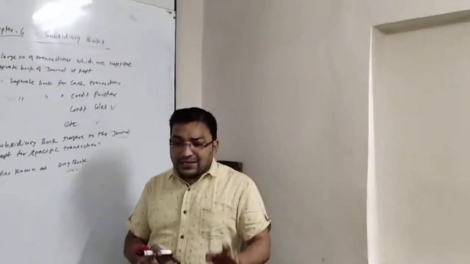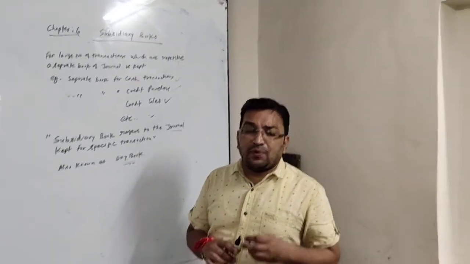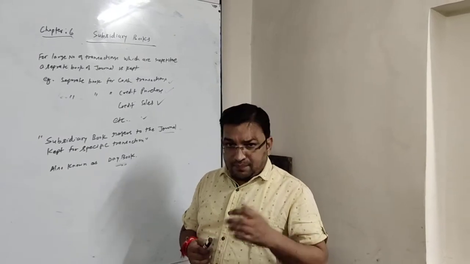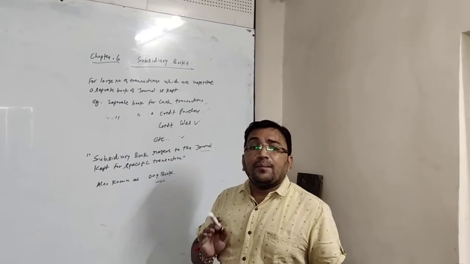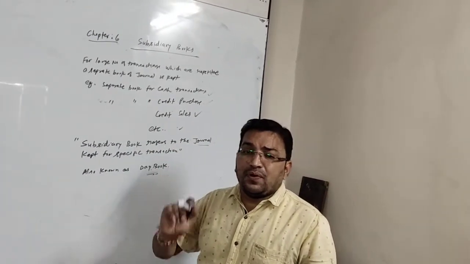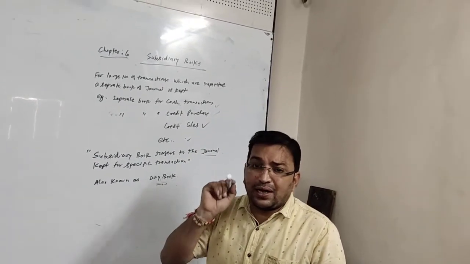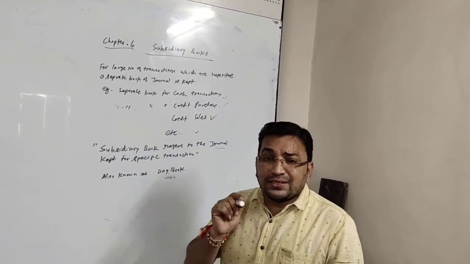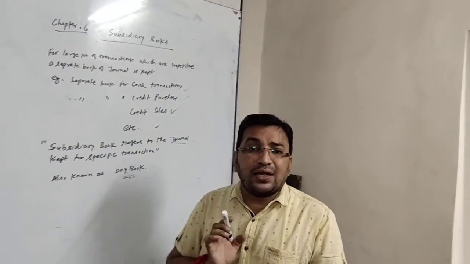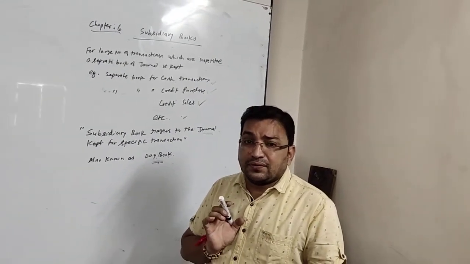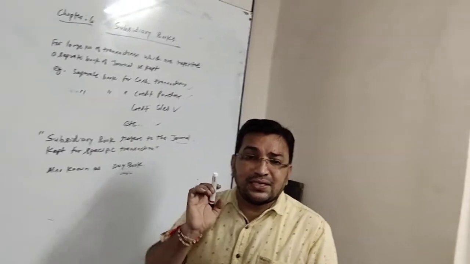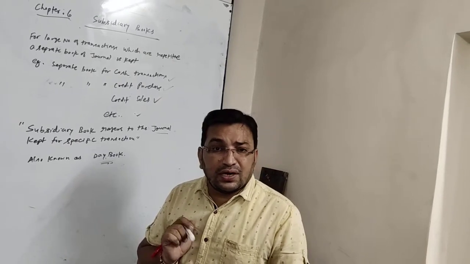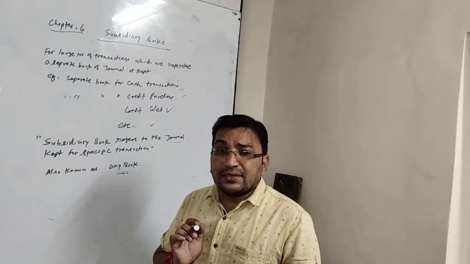Let us talk about some subsidiary books which we will see in our chapter. Purchase book will be a book to record credit purchase of goods. Sales book will be a book to record credit sales of goods. Purchase return book to record transactions of purchase return. Sales return book to record transactions of sales return.